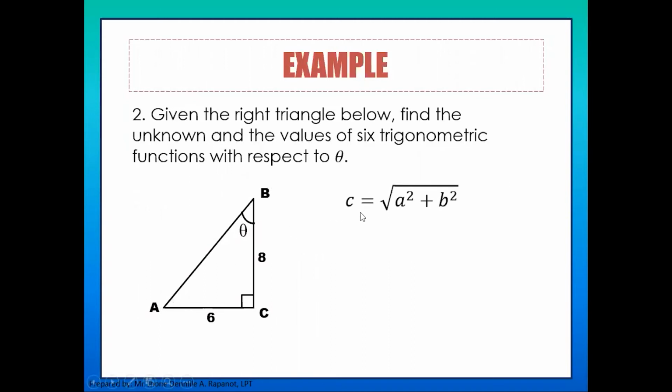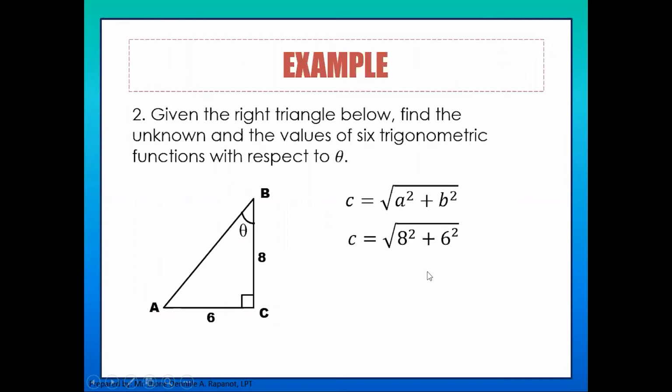We can go ahead and use the equation for finding C. So we have this equation: C is equal to square root of A squared plus B squared. So substitute the given in this equation. We have this solution: C is equal to square root of 8 raised to 2 plus 6 raised to 2.